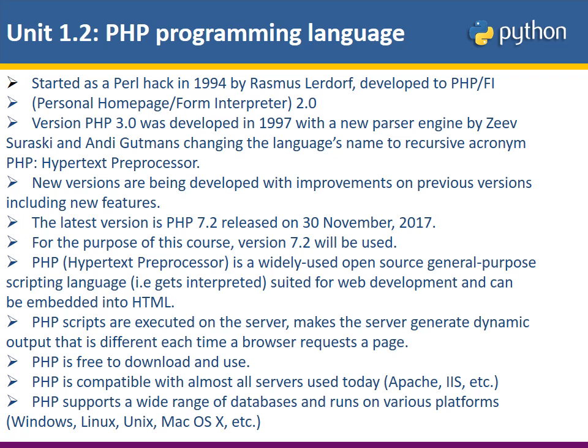It is a general purpose scripting language, that is, it gets interpreted. The same way as Python, a general purpose language that gets interpreted, this one too is a general purpose scripting language that has an interpreter.